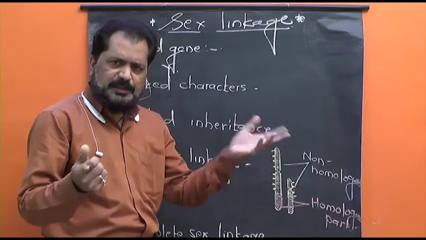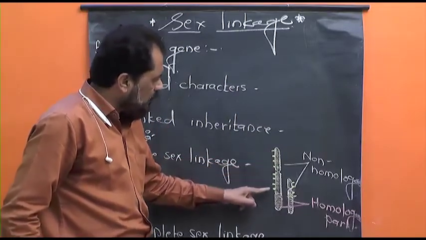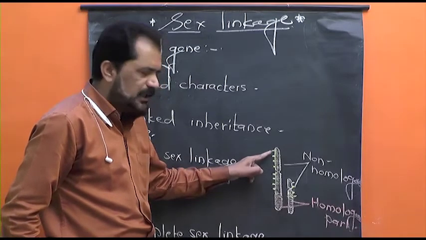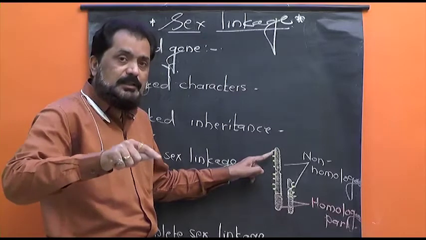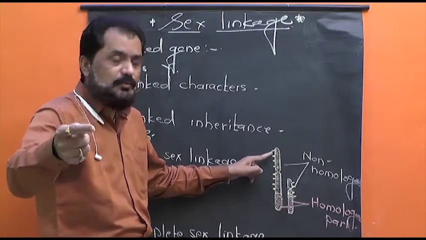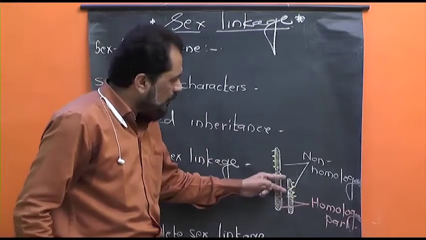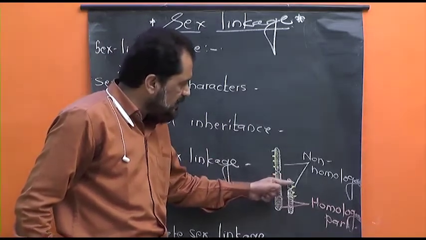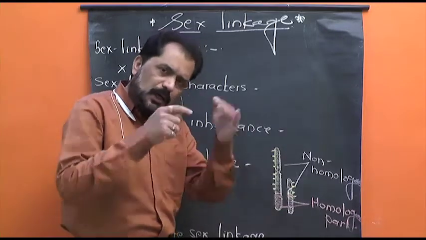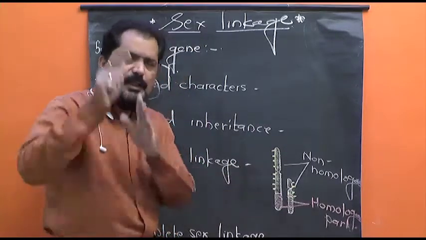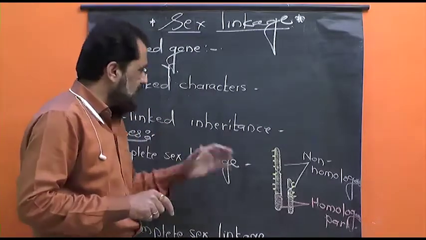They cannot be separated from each other. अर्थात या X क्रोमोझोमच्या नॉन होमोलॉगस पार्टवर जेवढे जीन्स आहेत ते नेहमी पिढ्यानपिढ्या बरोबरच राहतात आणि बरोबरच पुढच्या पिढीत संक्रमित होतात. यालाच आपण कंप्लीट सेक्स लिंकेज म्हणतो. And the same is true here also. The genes present on the non-homologous part of the Y chromosome also always remain together and are inherited together generation to generation. That is complete sex linkage.